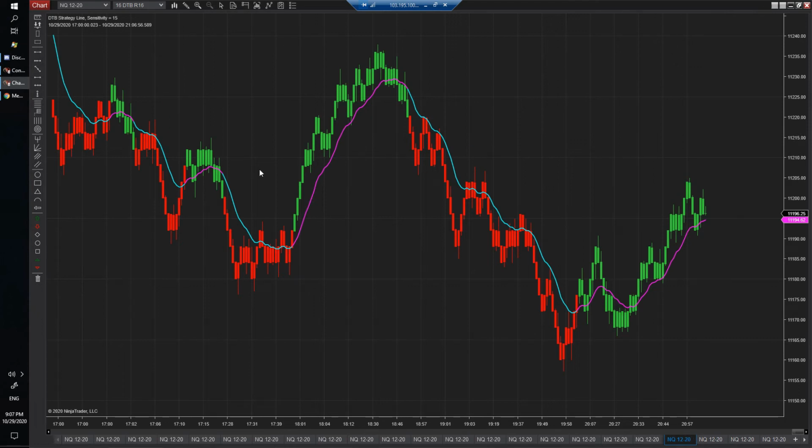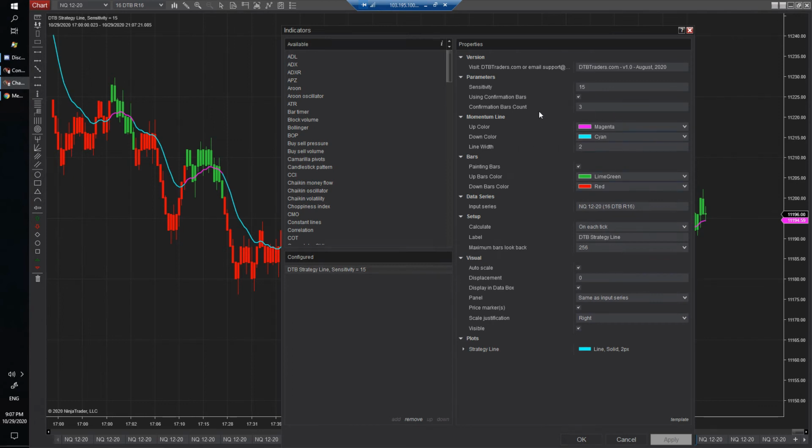Our next indicator is a pretty basic one. It is just a strategy line, which is basically a moving average that's going to paint the bars according to the movement of that line. So at the moment I've got a 15 sensitivity, and I've also got a confirmation bar count.